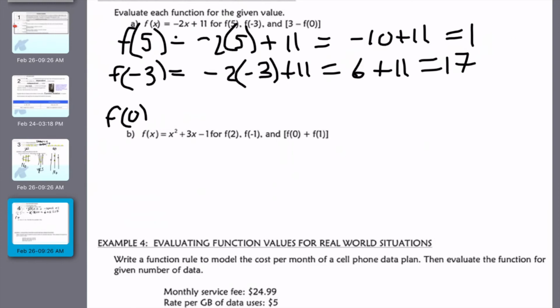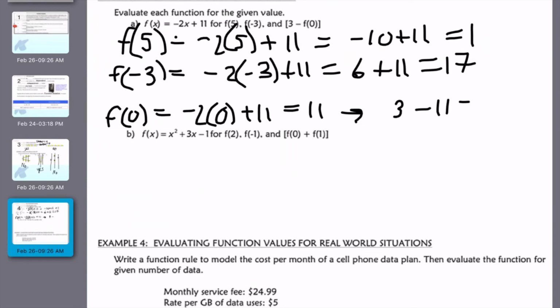So I do negative 2 times 0 plus 11. So that's just going to give me 11. But now I need to do 3 minus 11, and that's going to give me negative 8. And the same thing happens for part B. I need to take the value that they have in for x and plug that in and see what output I get.